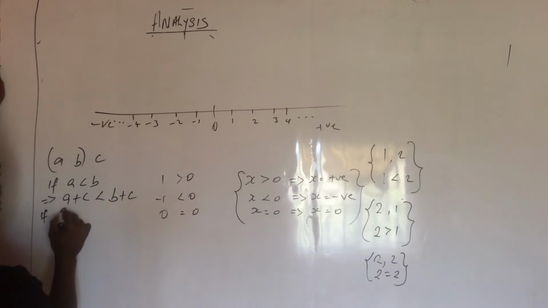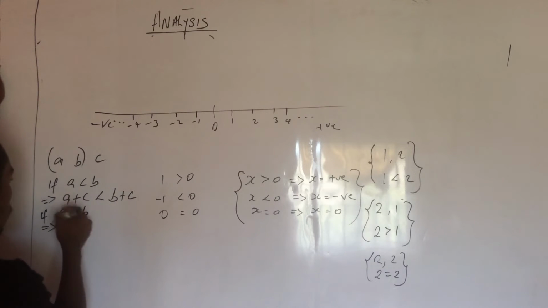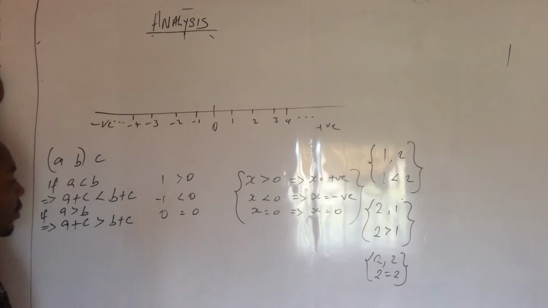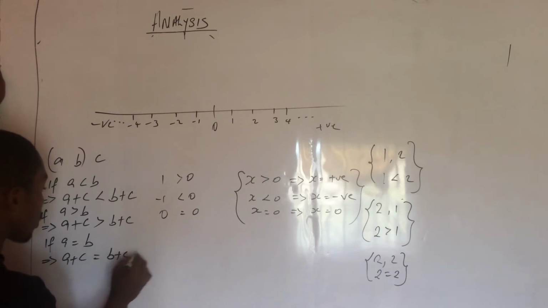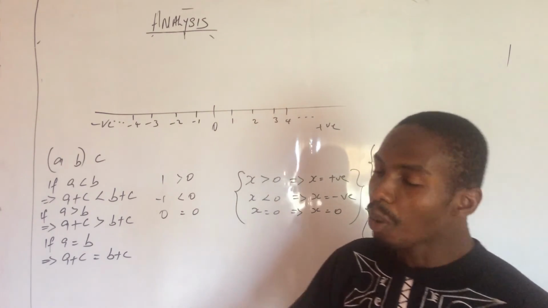If A is bigger than B, this implies that A plus C will be bigger than B plus C. Do you see that? The last one is if A is equal to B, this implies that A plus C is equal to B plus C. You see that? That is for any three numbers.